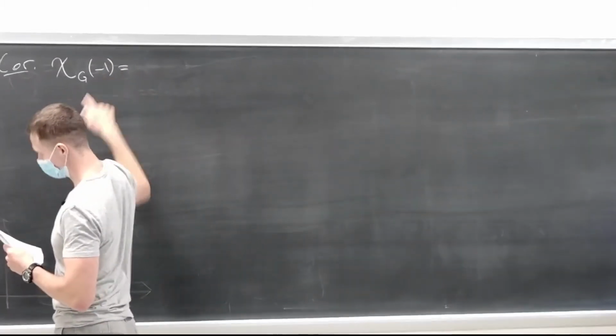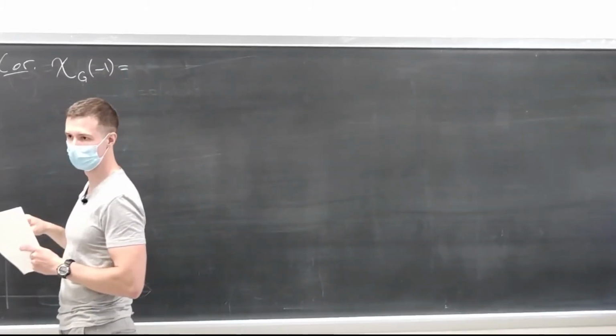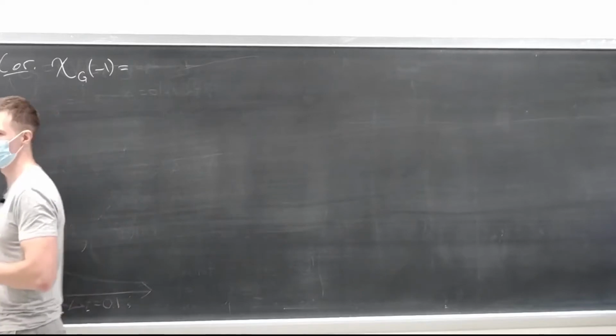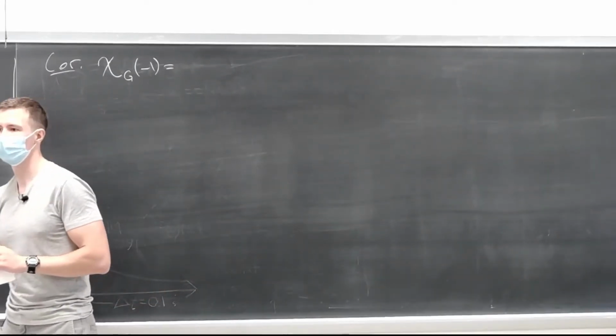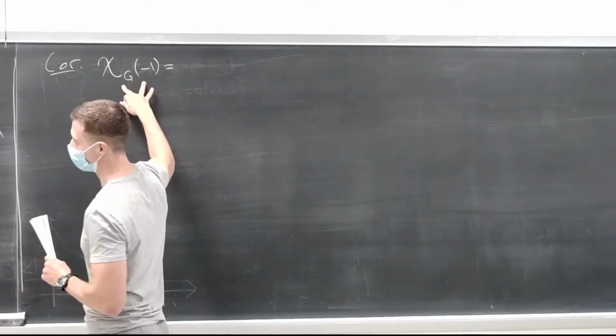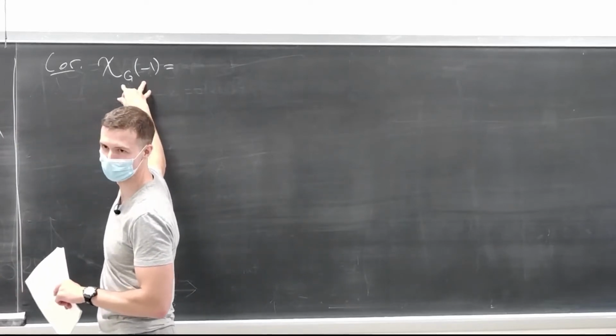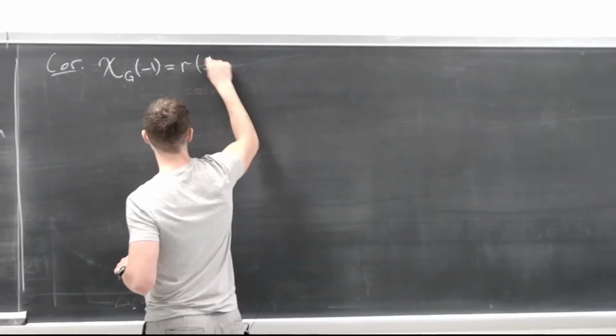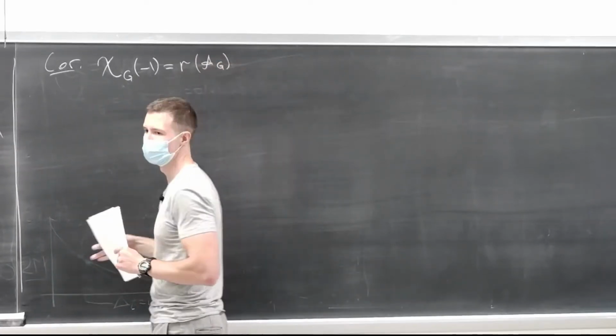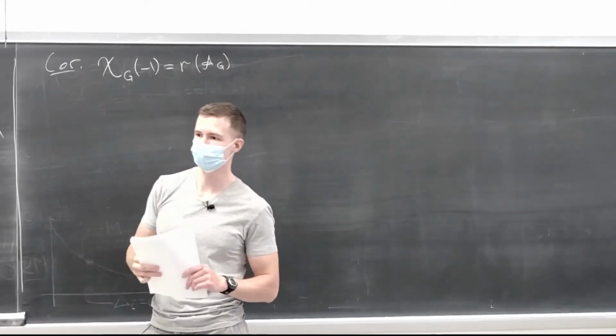What number do I get in terms of your graph G? Okay, so for the arrangement, it's either the number of bounded regions or the number of regions. Which one is it? Regions. The number of regions of the graphical arrangement. What is the number of regions in terms of the graph?